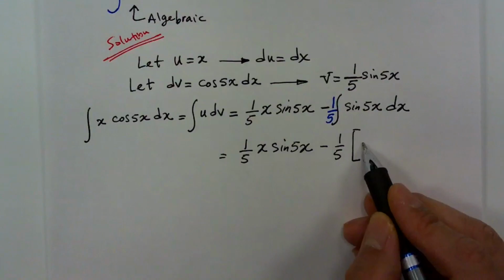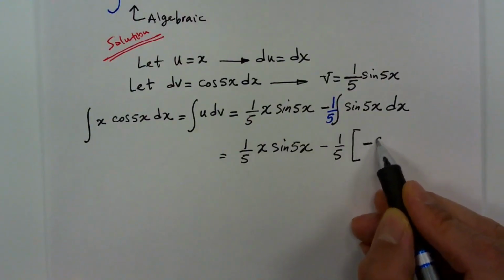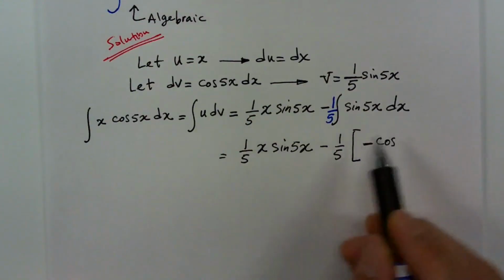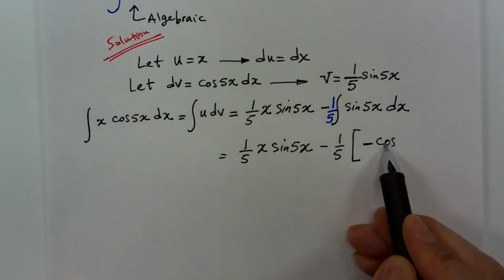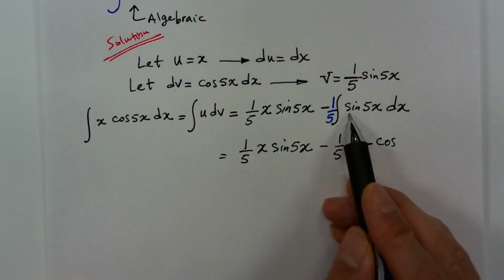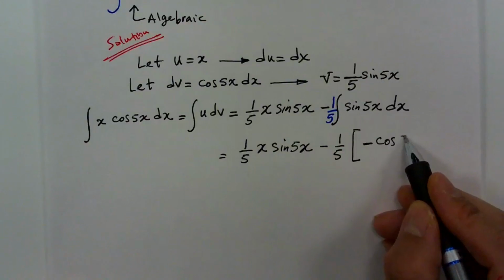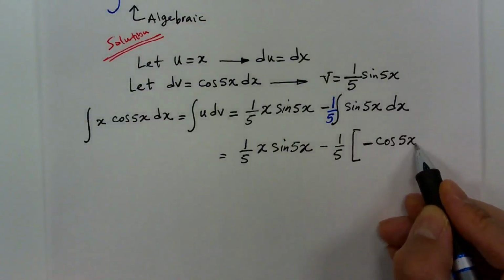So we have to make sure that this minus is in front. So minus, to cancel that minus that comes from taking the derivative of cosine, multiplied by this minus, we get a positive sign. So minus cosine of 5x.